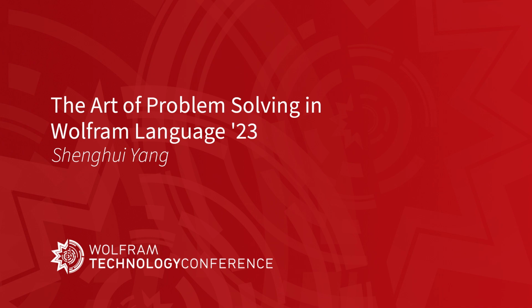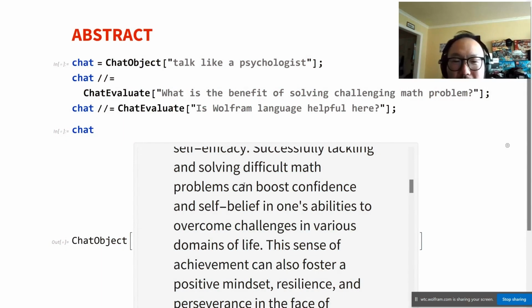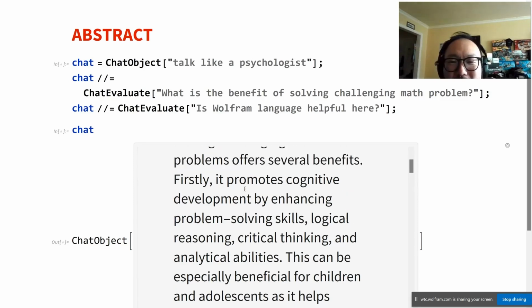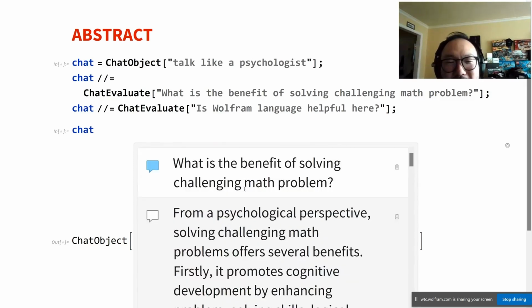Okay, so before we start, I would like to appreciate the team for integrating the ChatGPT feature into Wolfram language since version 13. It's getting better and better, and I think it helps me a lot. For example, I don't really need to work too much on writing an abstract for my talk.